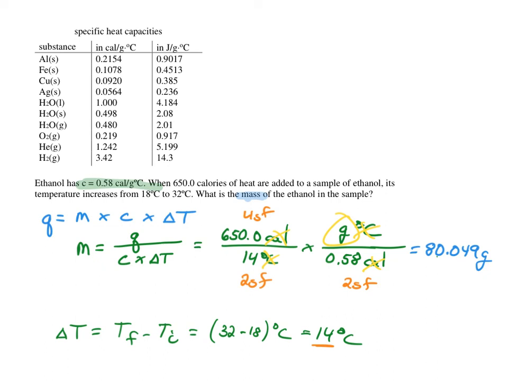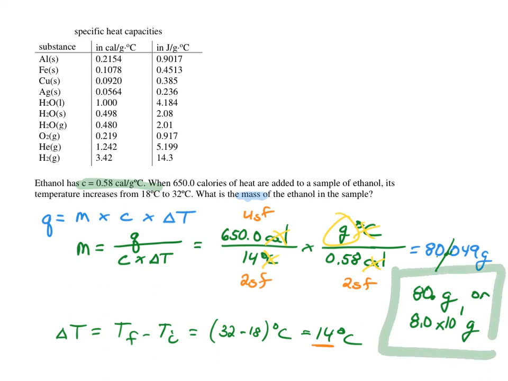We can determine that we have 2 sig figs in our answer. We can write our answer as either 80 with a decimal point grams, or we can write it as 8.0 times 10 to the first grams. Okay, either of those explicitly indicate 2 sig figs in our answer.